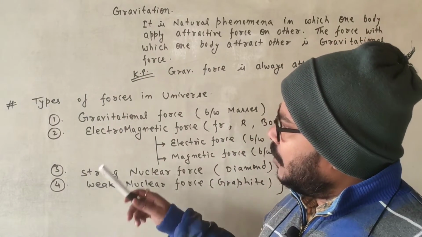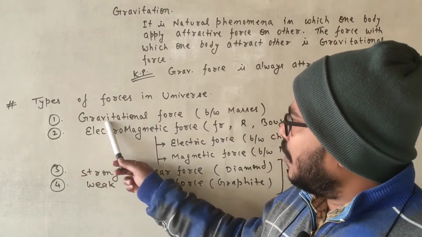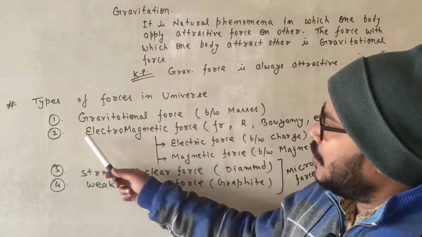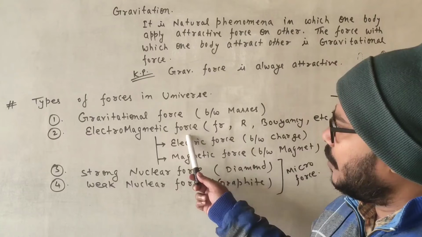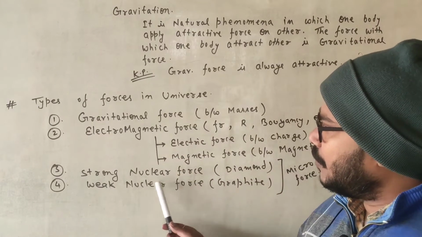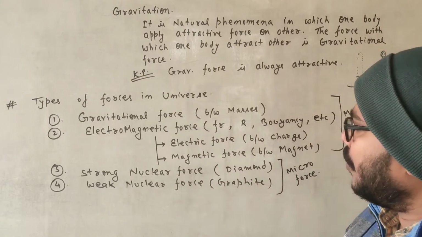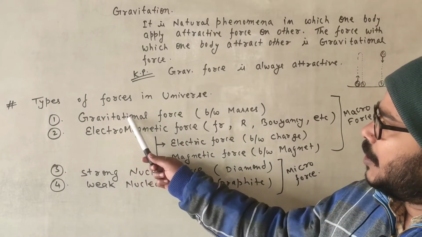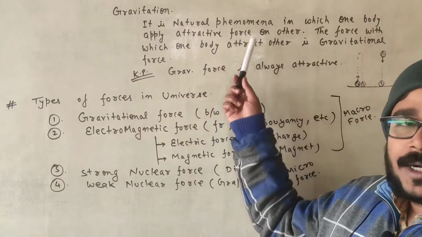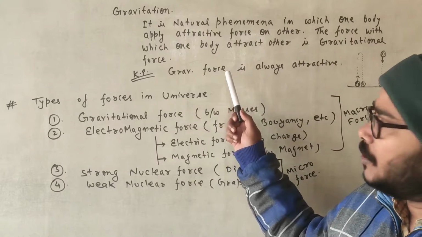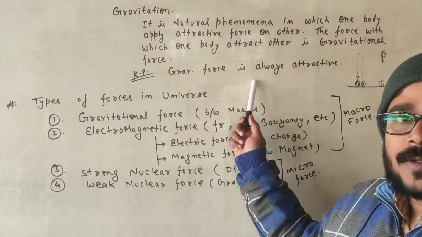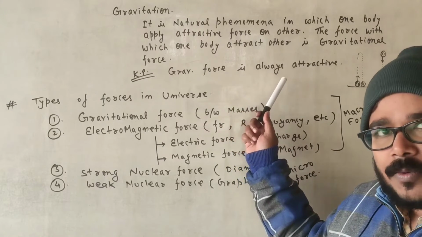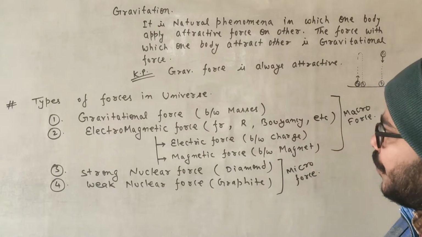What are these? First, gravitational force. Second, electromagnetic force. Third, strong nuclear force. Fourth, weak nuclear force. Gravitational force you can identify: it always acts between masses and it is always attractive.